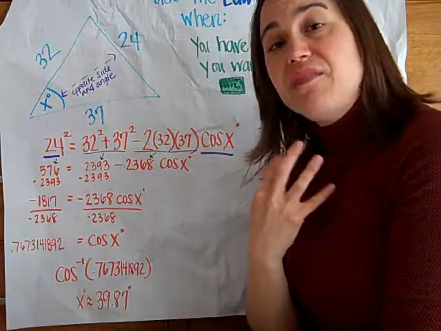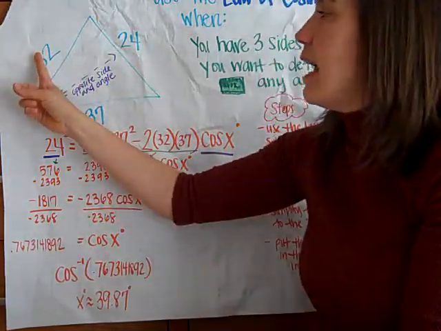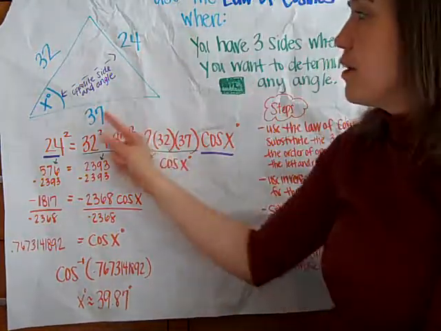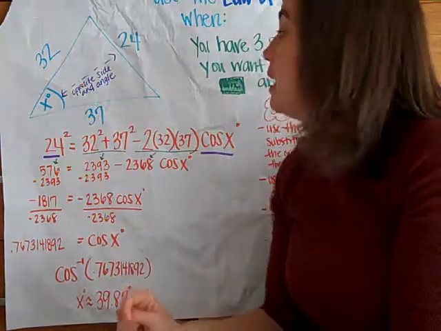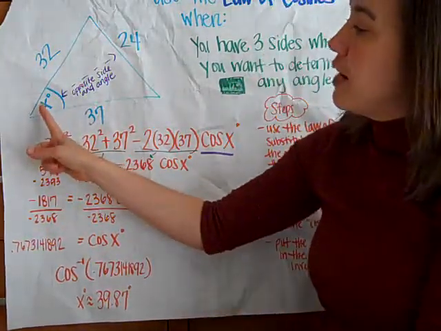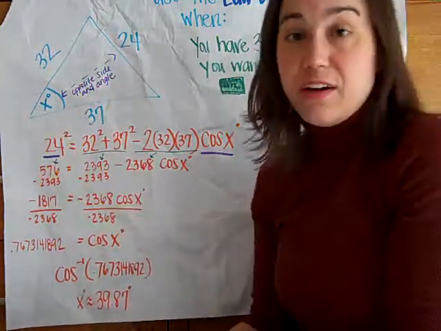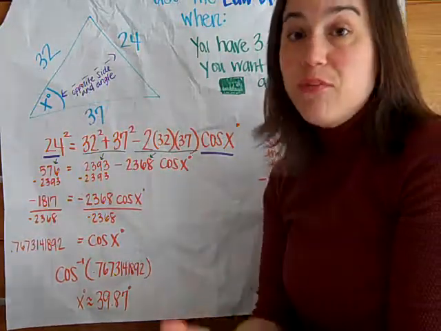Just so you know, if you were going to find the angle of any triangle, you would at least need to have all three side lengths provided. So in this scenario, I have all three side lengths of a triangle provided, and I want to find the angle. Now, I'm going to try to find angle x, and remember I could find either of these other angles, but we're going to find angle x today. x is directly across from side length 24.